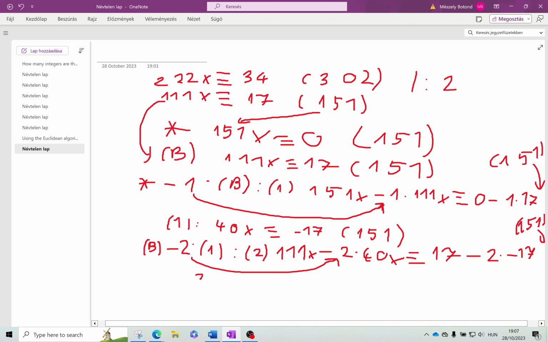So that means that 2 will be 31x, because 111 minus 80 is 31, congruent 51, because 17 plus 2 times 17 is 51, modulo 151.